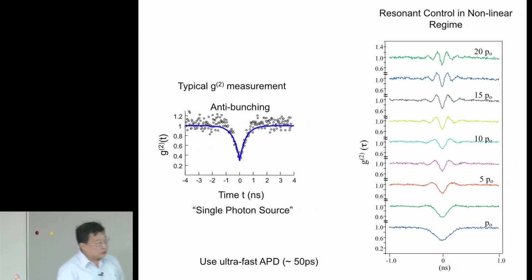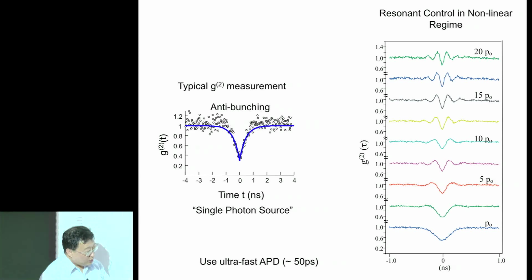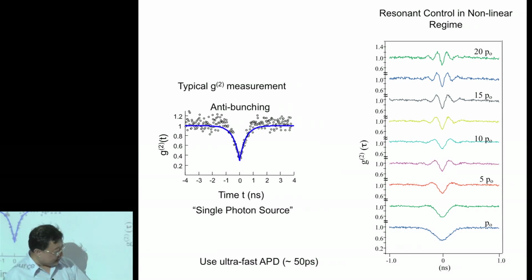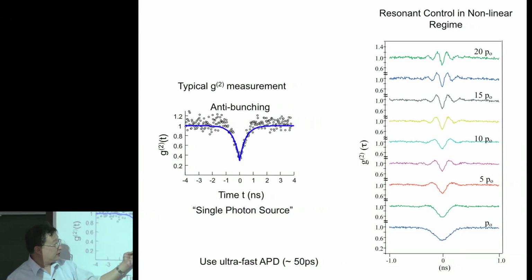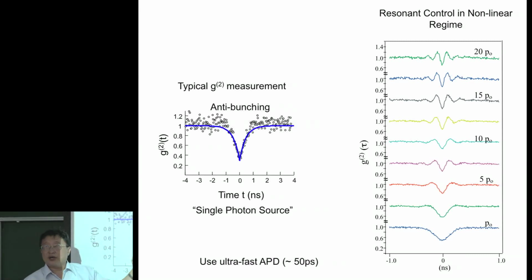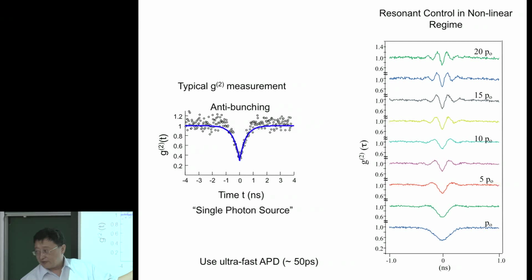But when we got this result, this was done using a Perkin-Elmer detector, I forgot who made it, with a very long lifetime, time resolution about 300 picoseconds. And we spent another big chunk of money on a time correlator and a new APD, $40,000. It was supposed to have a 50 picosecond time resolution, versus 300 picoseconds.